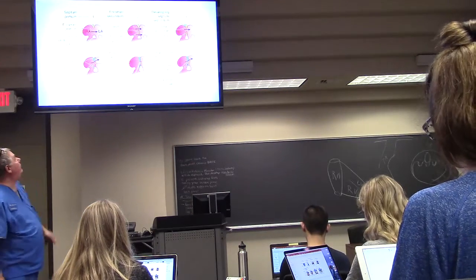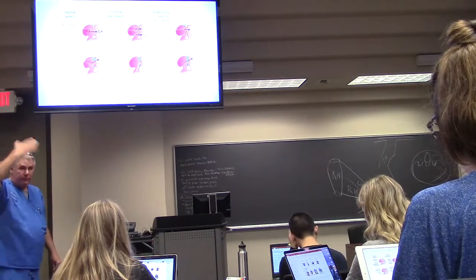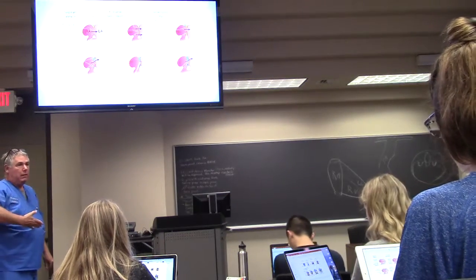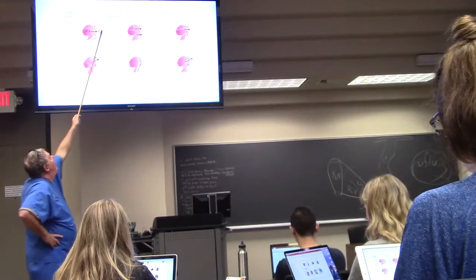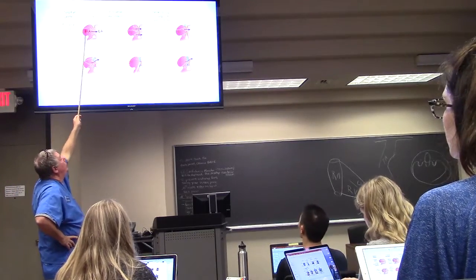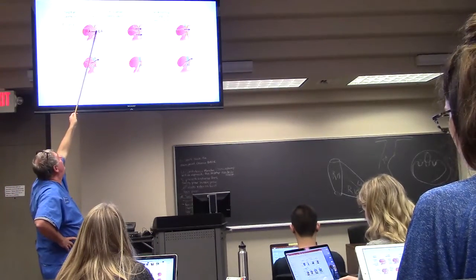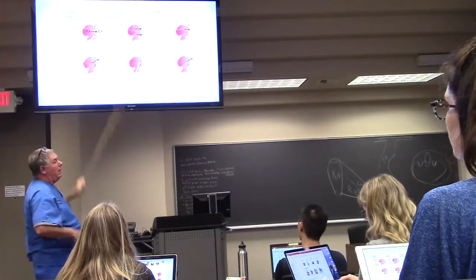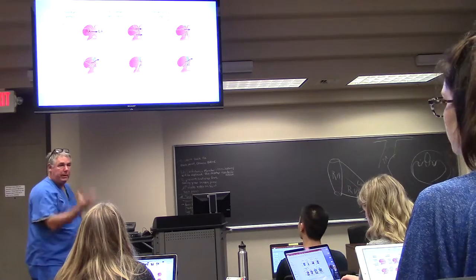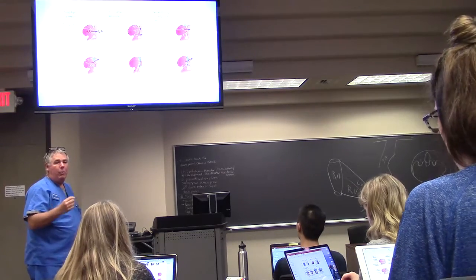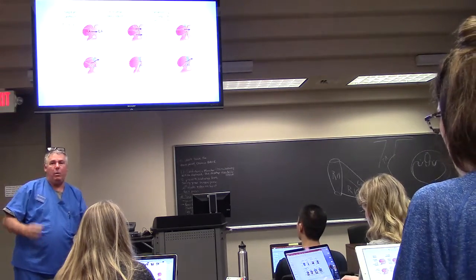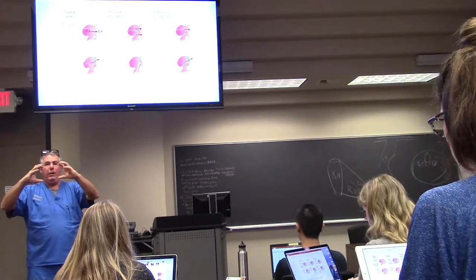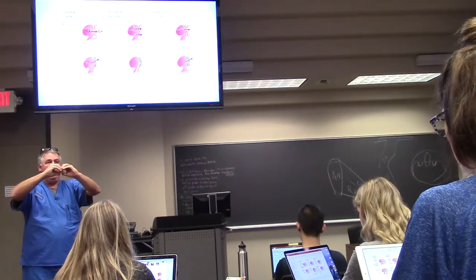So let's cut the heart this way, and we see an open atrium here. It's just a tube. Blood would come in here, go down to here, and out. It's just bent. But now we need to take that one atrium and divide it into two.